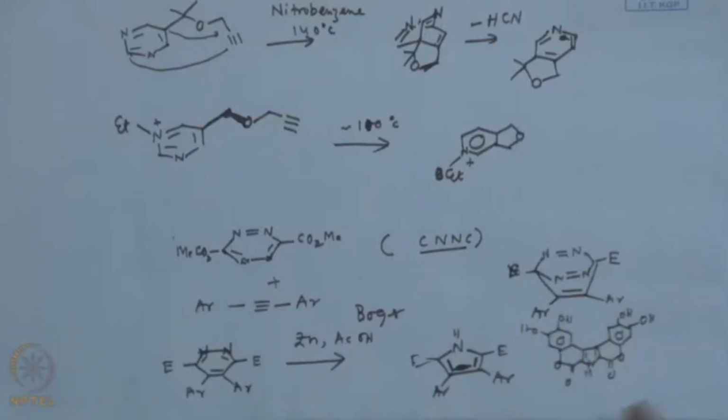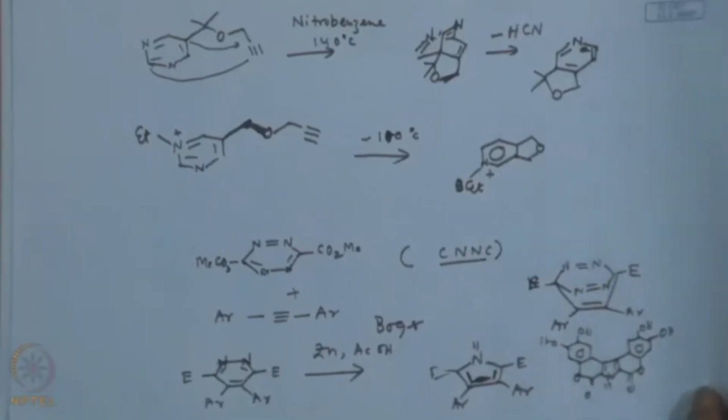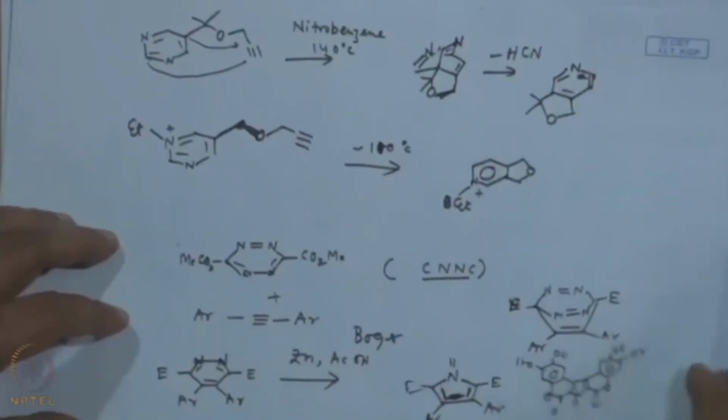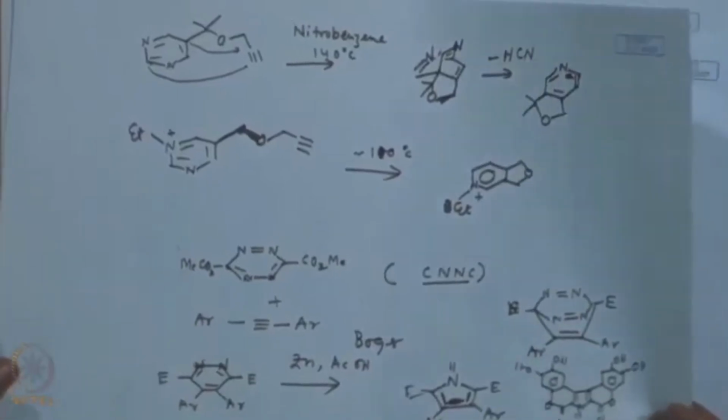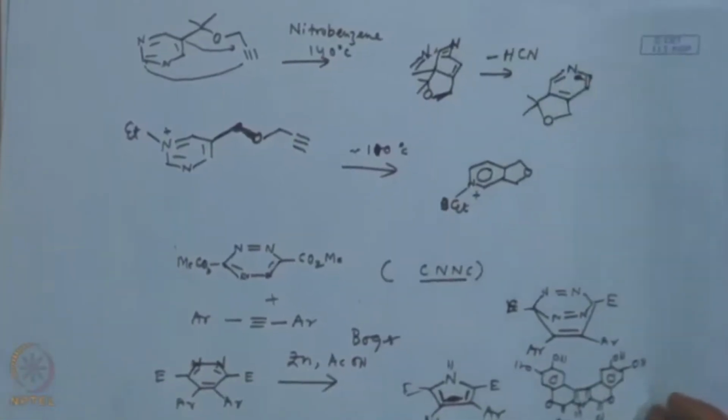So, again this is an example of how to make use of these heterocycles, and this is tetrazine. But how do you make this tetrazine? How do you make the tetrazine?